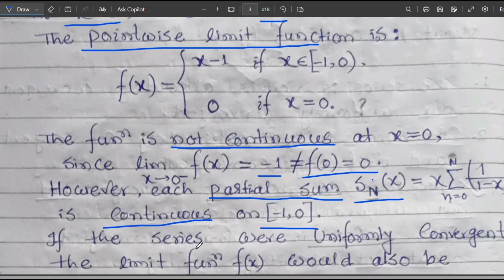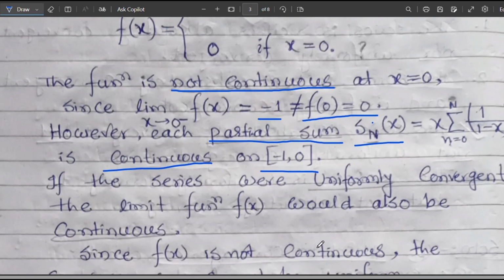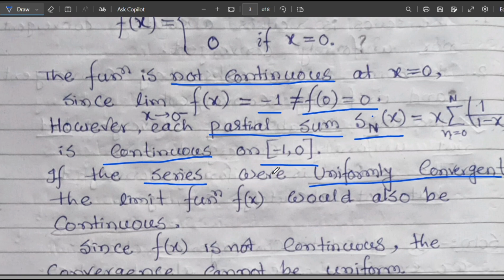If the series were uniformly convergent, the limit function f(x) would also be continuous. The partial sums are continuous, but if the series were uniformly convergent, the limit function would also be continuous. But the limit function is not continuous.